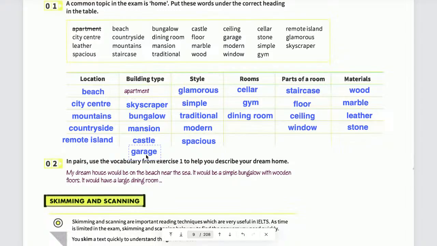Castle. What else? Home. Apartment is there. You don't know. Huy. Tự. We need one more.